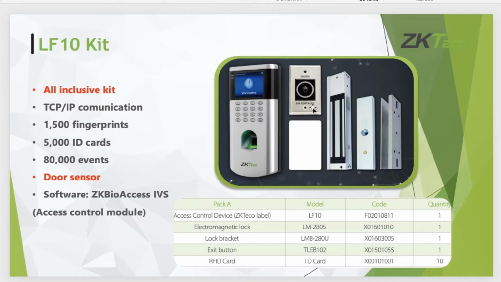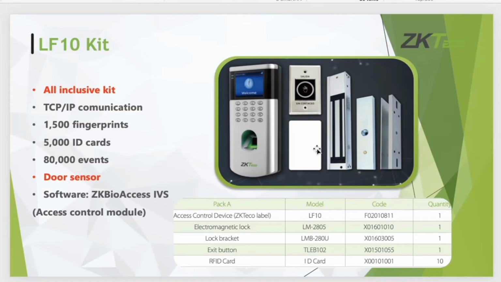And as you can see in the picture, this device contains one exit button, a no-touch exit button. You don't need to touch it. You just approach your hand to the button, maybe around 10 centimeters, and it's going to open the electromagnetic lock, which is connected.